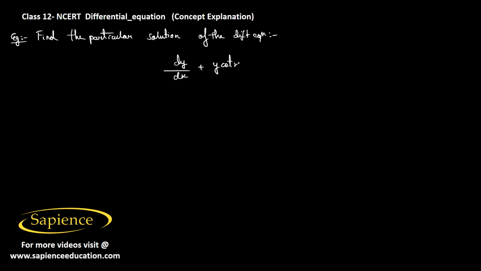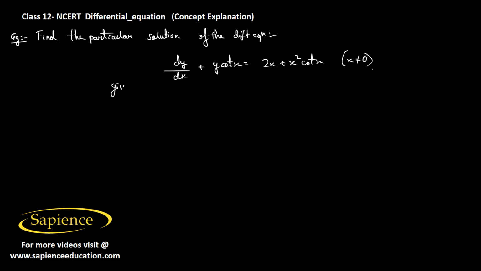And then one more example we can solve. Suppose here it is asked to find the particular solution of the differential equation, which is dy by dx plus y cot x equals 2x plus x square cot x, where x is not equal to 0.